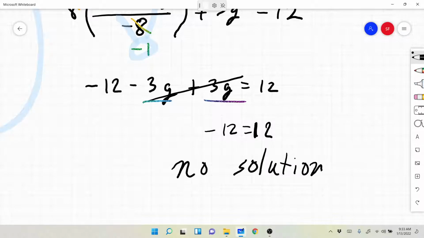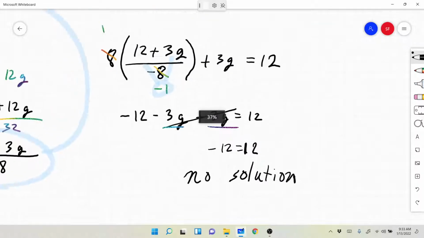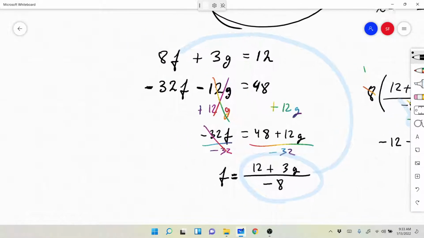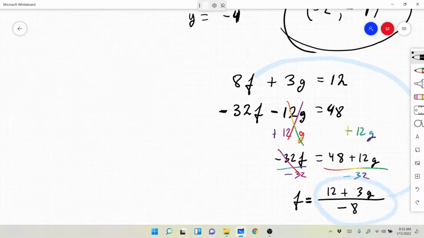Now let's see if we can think about what's going on here in the system setting. Let's call g y and f x.